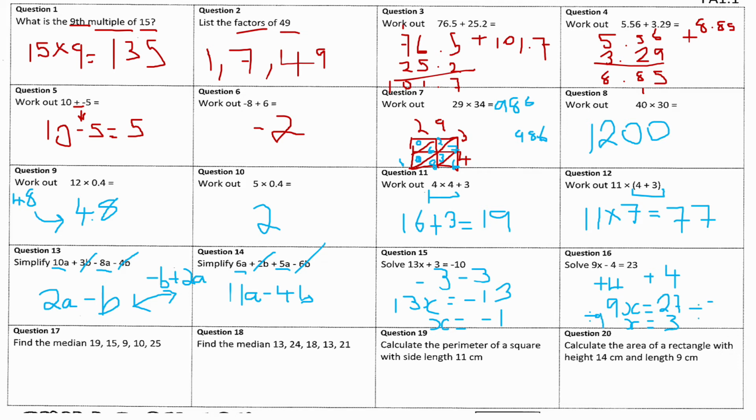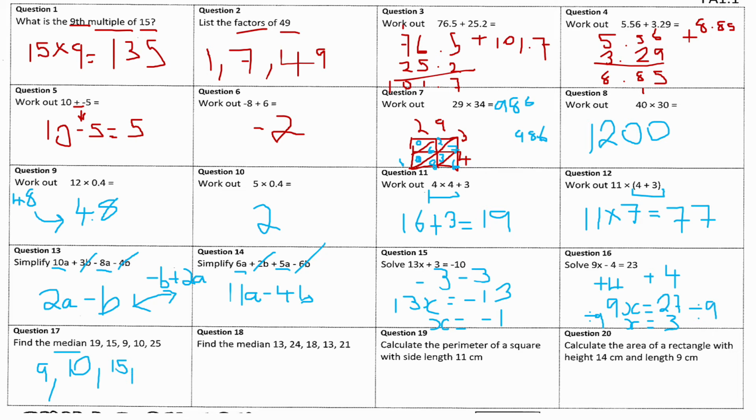Question number 17, guys. Find the median of these numbers. Well, the median is the middle number when I put the data from smallest to largest or largest to smallest, either way round. So smallest to largest, we're going to have 9, 10, 15, 19, and 25.